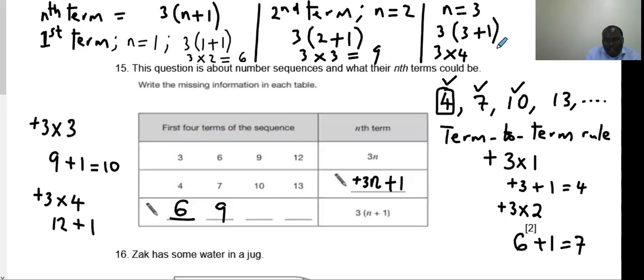That makes 12. So this will be 12. So what do you guess will be the next? From 6 to 9, add 3. From 9 to 12, add 3. So from here, this will be add 3. That will be 15. All right, that's all.